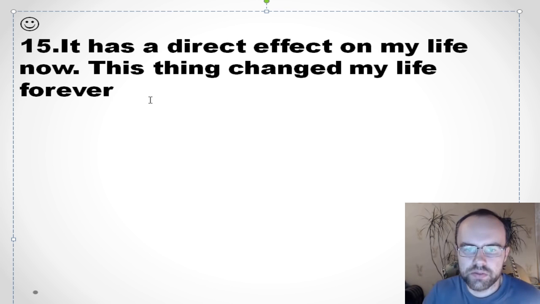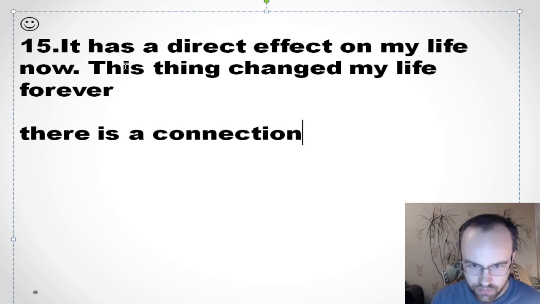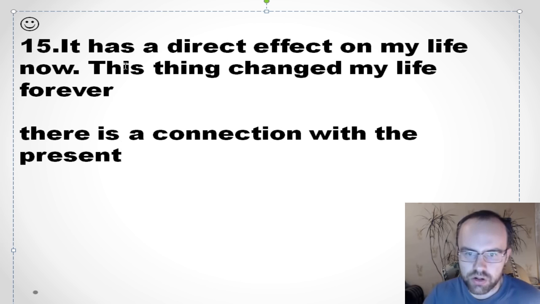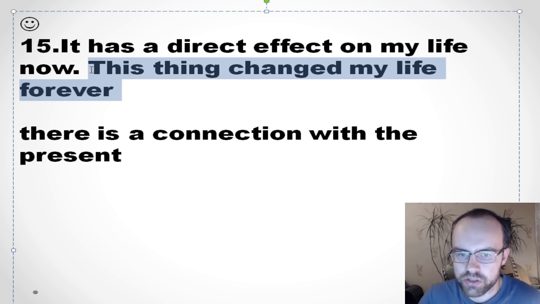So you know that, as I see, there is a connection with the present. There is a connection with the present. Look, it has a direct effect on my life now. So it isn't about a distant past.